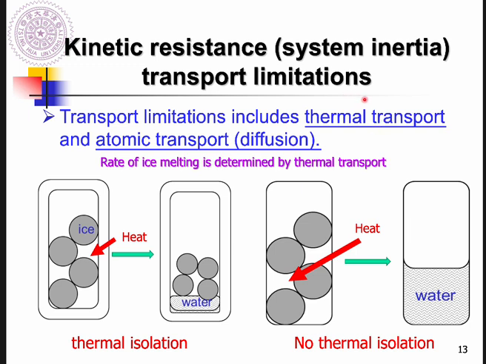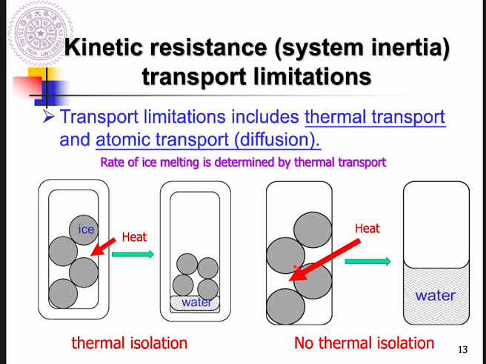This case absorbed more heat, so thermal transport dominates this process. Because for ice transport, which means the atomic diffusion melting process, they are the same kind of ice cube, so there's no big difference in this case. So you need to consider them as an in-series reaction. They absorb heat, then melting.